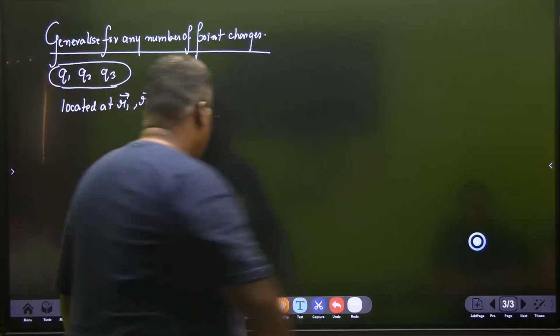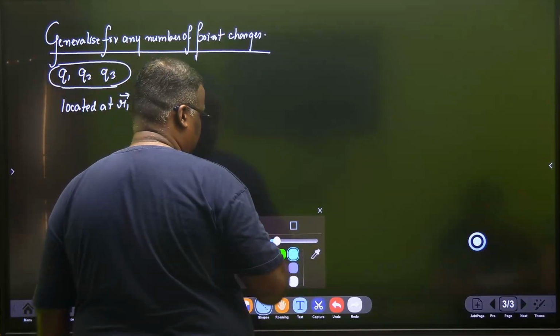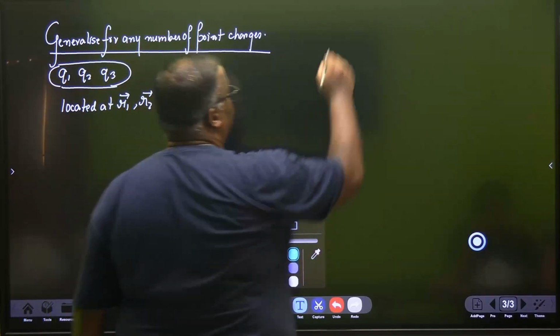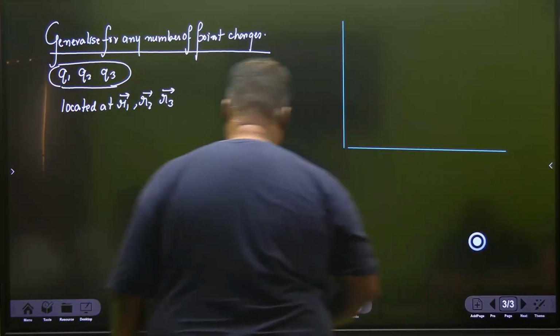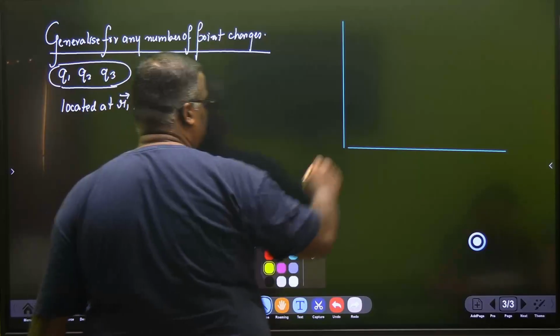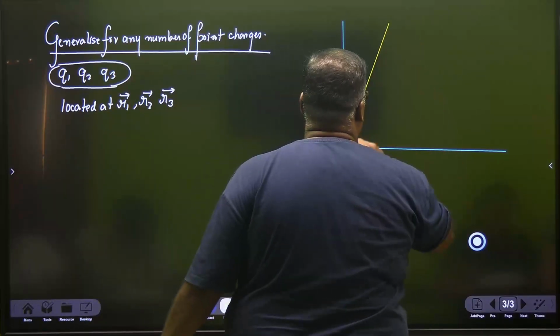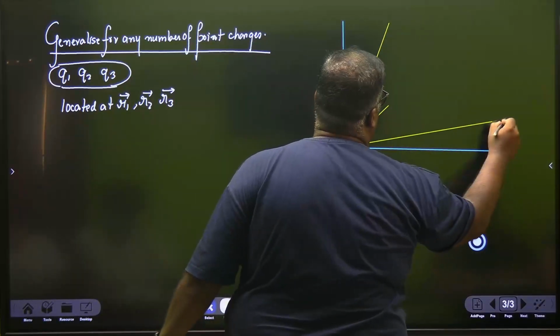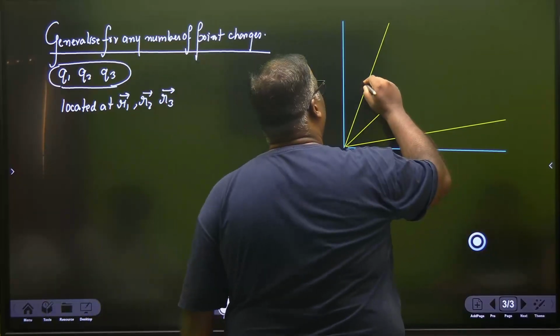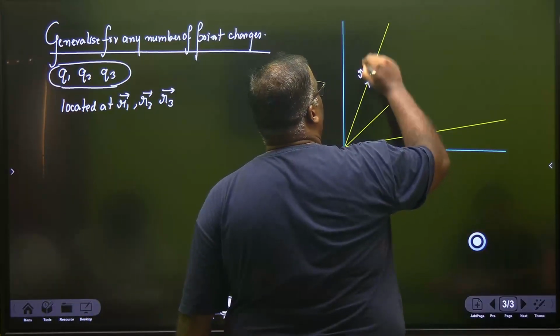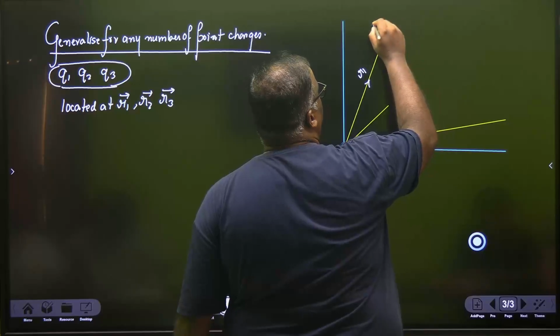So children, your setup is now something like this. You've got 3 position vectors now. Let's say this is a position vector R1. This point is R1.